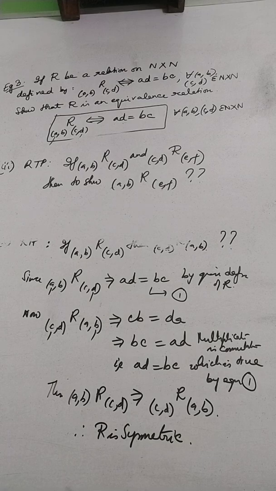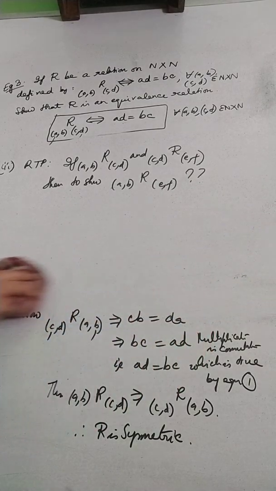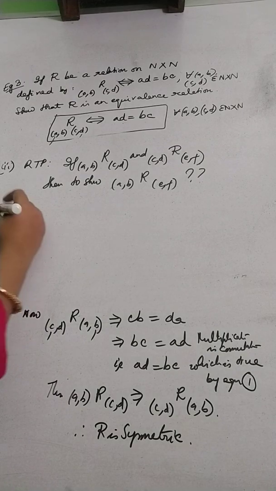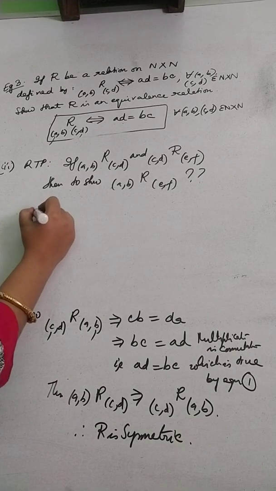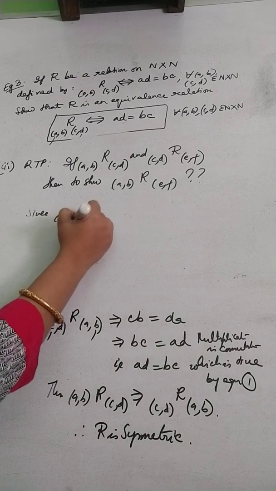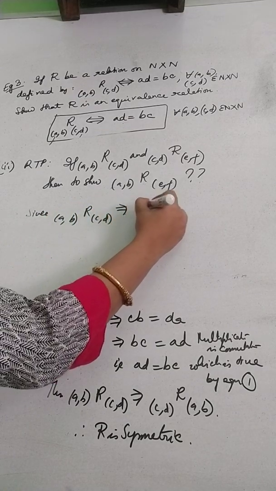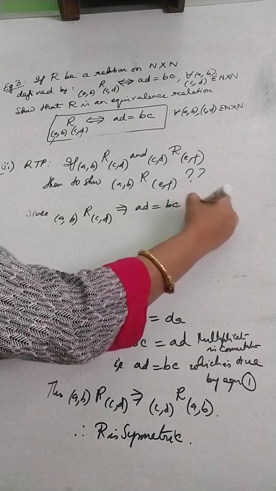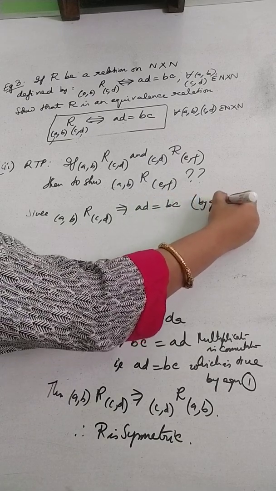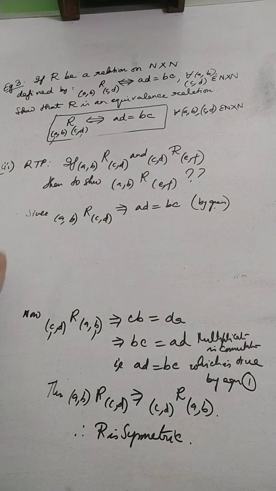Since I'm assuming that AB is related to CD, what property should it satisfy according to the definition? Let me write that. Since AB is related to CD, it implies that AD should be equal to BC, by the given relation.